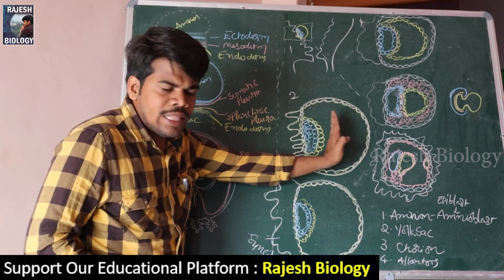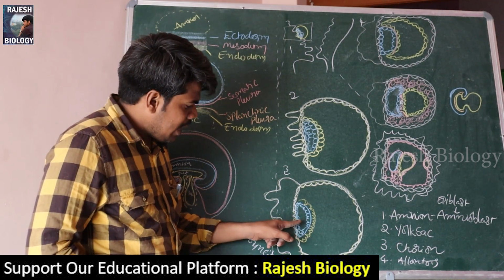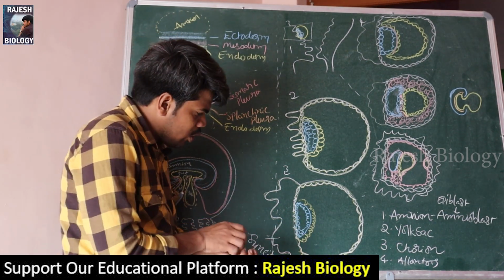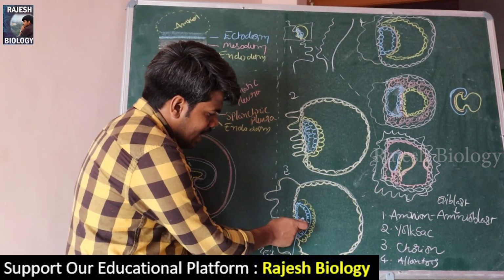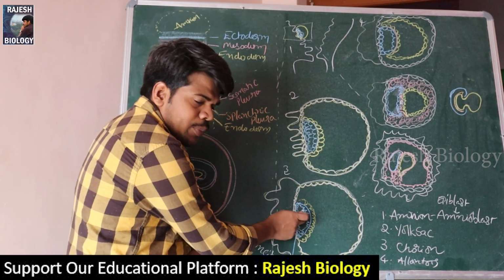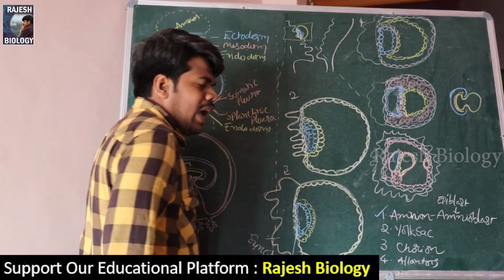When they move away like this, automatically a cavity is formed, and the amnioblast cells line the cytotrophoblast. The cavity which developed is called the amniotic cavity, or amnion.